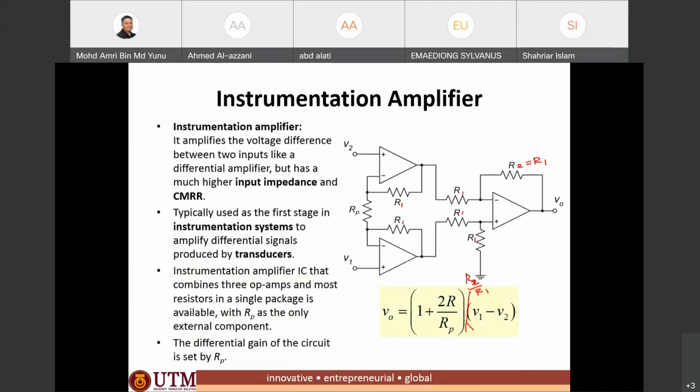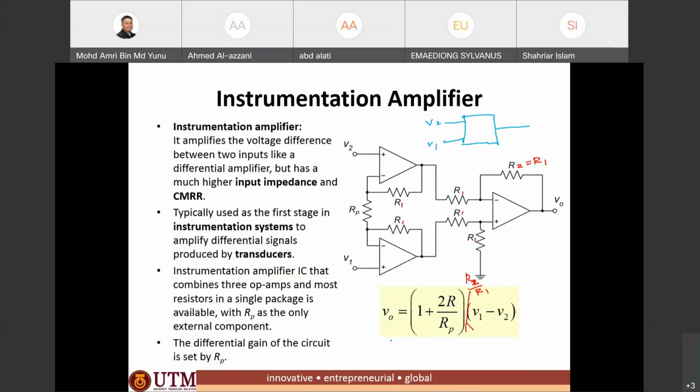It usually comes in a package, with V2 and V1, and then the output. Usually the gain is used as seen in this equation.